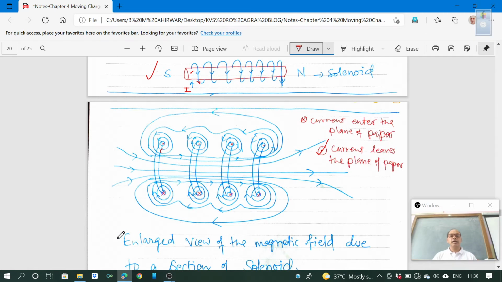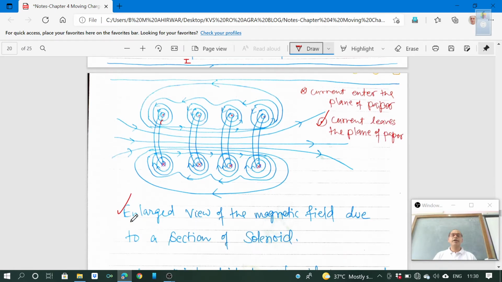So this is the enlarged view of the magnetic field due to a section of the solenoid. You can see if we curl our fingers in the direction of current, the thumb will be on the right side. That means the right side of the solenoid will be the north pole, and this one will be the south pole.